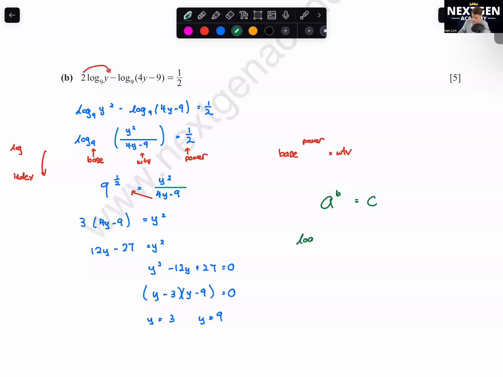This will become log a c equals b. You need to remember how to interchange between both. This is 1, this is 2, this is 3: base, power, equals whatever. When I change it to log form, 1, 2, 3 becomes 1, 3, 2. Base, power, whatever. But you all just stick with the method that you understand.